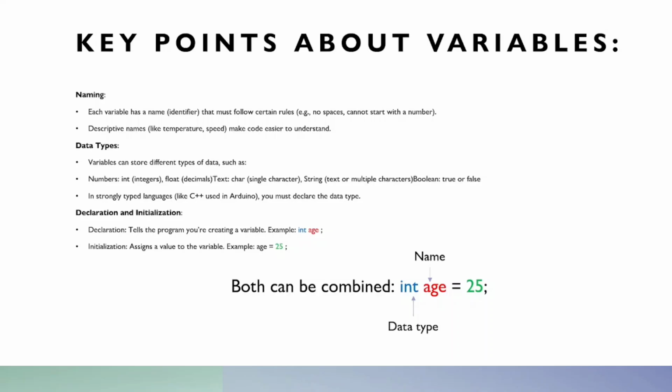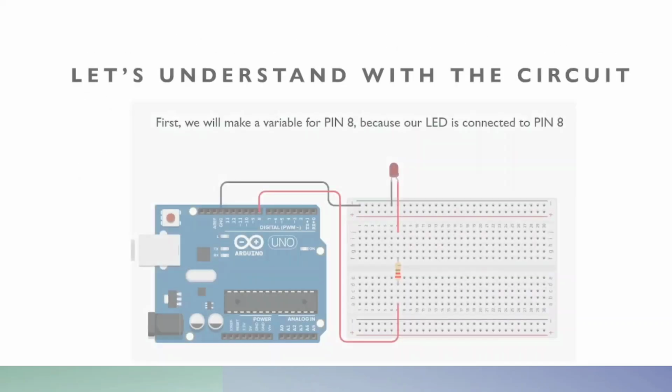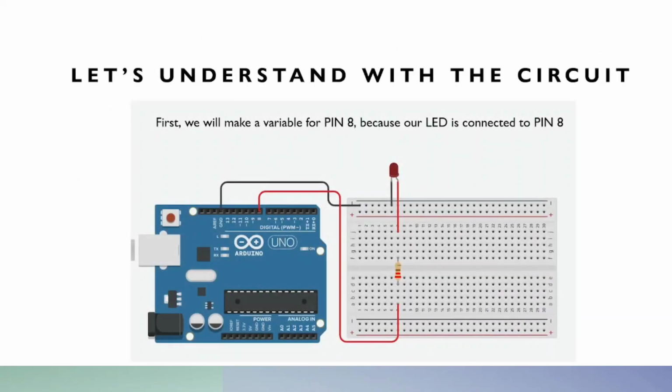You can give it any name, but age is the perfect name for this variable. And at the end, the value, whatever value you want to store inside this variable. So that's how we create a variable in programming: data type, name, and then value. That's important.